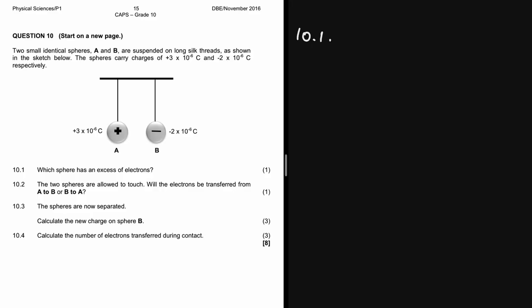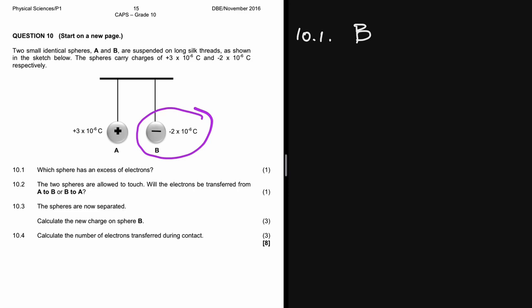Remember, the sphere that has excess of electrons is going to be a negative sphere, because electrons mean negative charges and protons mean positive charges. So the answer to 10.1 is that sphere B is the one that has excess of electrons.